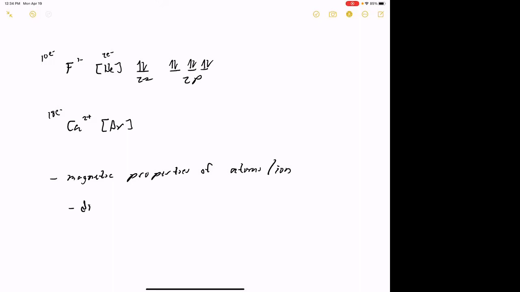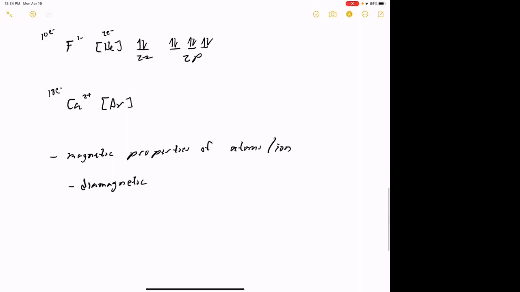We can say that a species is either diamagnetic, or we can say that a species is paramagnetic. What does diamagnetic mean?